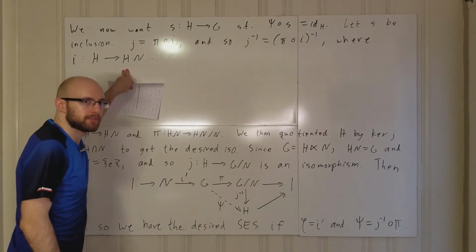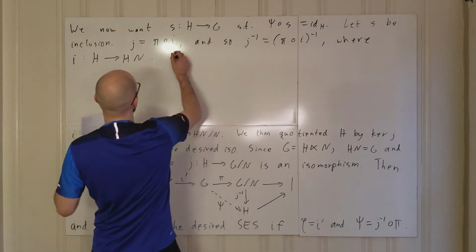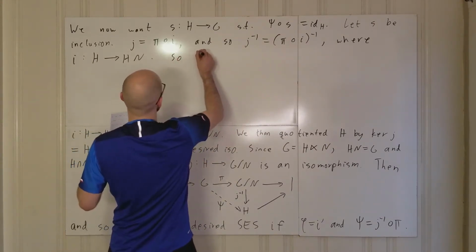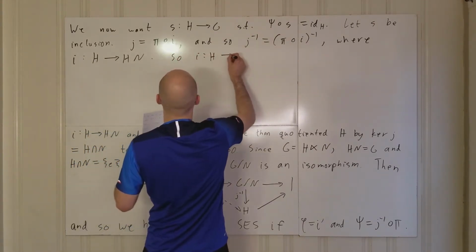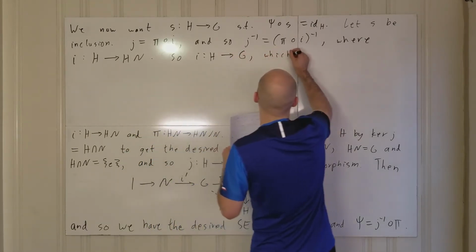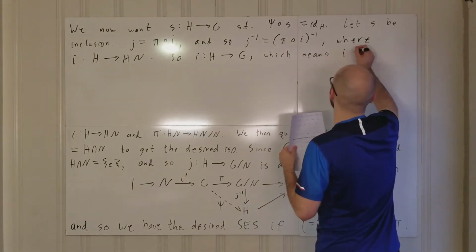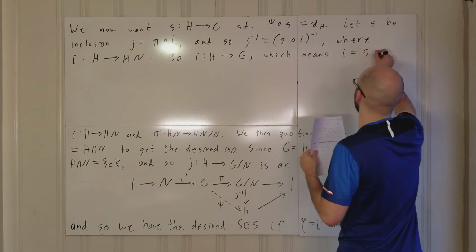We have G as the semidirect product of H and N, so I maps from H to G, which means that I in this scenario is actually precisely the map S.